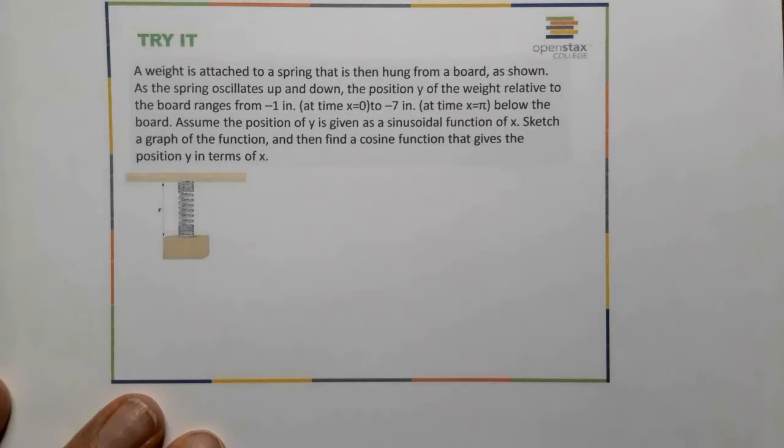Assume the position y is given as a sinusoidal function of x. Sketch a graph of the function and then find a cosine function that gives the position y in terms of x. And notice that they already told you that it's going to be a cosine function.